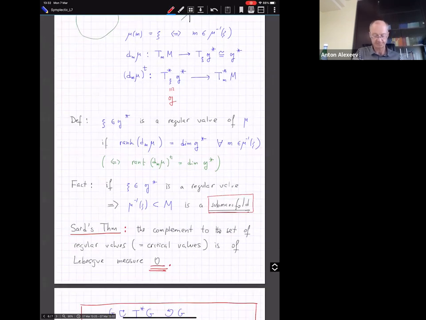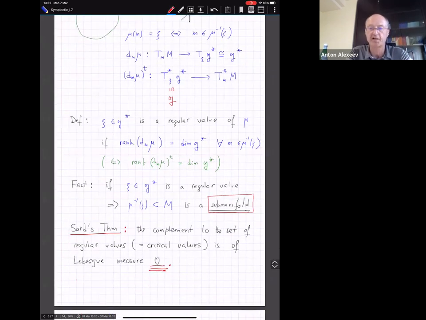So in fact, most of the values of any function are regular values.